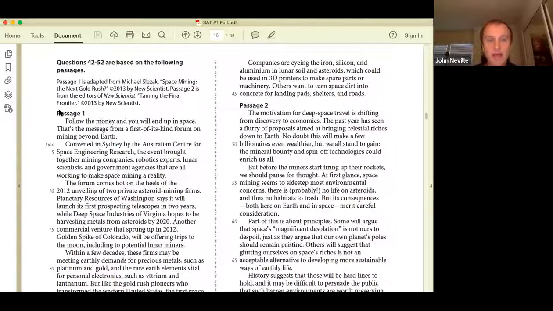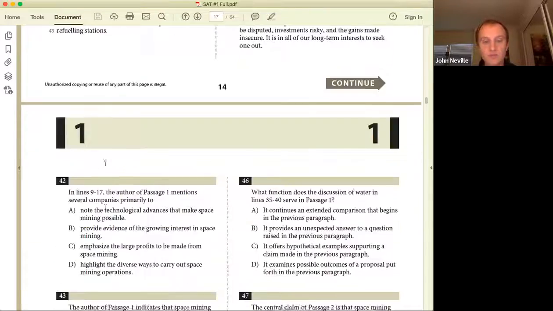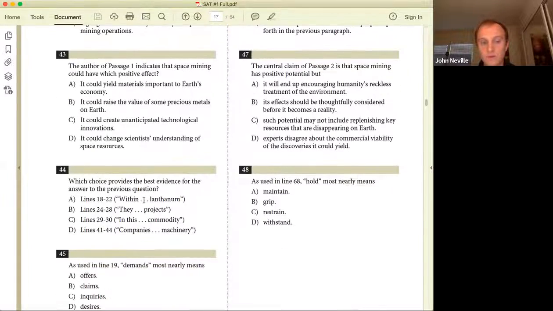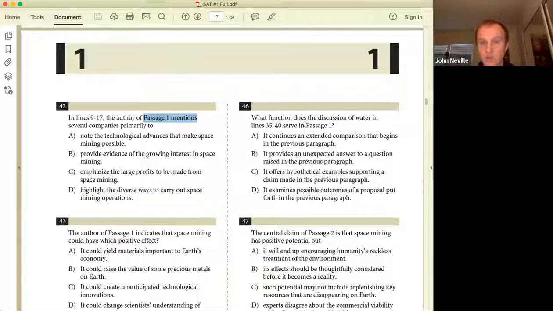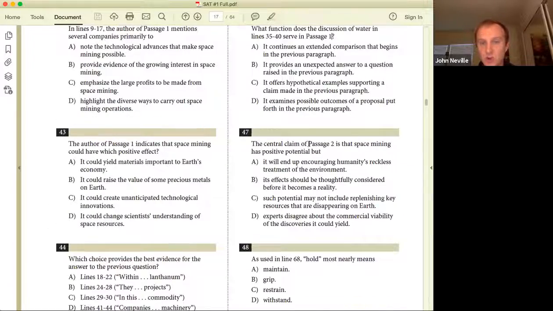So notice it says passage 1 and then passage 2. A lot of students will read both passages first and then answer the questions. That's a big, big mistake. What you want to do is read passage 1, answer the first 3 to 4 questions, because notice they are all about passage 1. In this case, the first 5 questions are about passage 1. Then you read passage 2, and then you answer passage 2 questions.